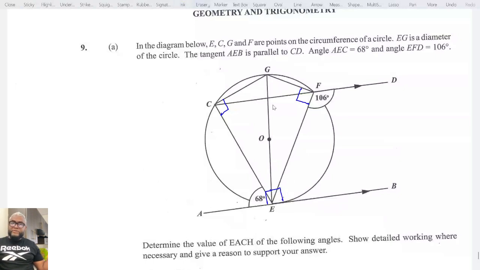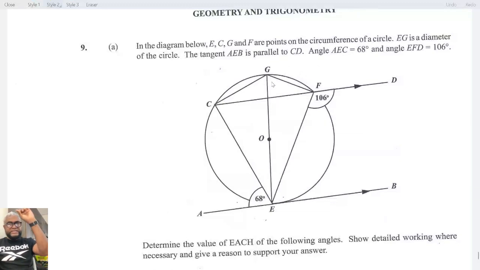So I'm going to erase all this and then we're going to see what CSEC stated. You must always read these things above here, guys, because sometimes there's little information here that you might miss. In the diagram below, E, C, G, and F are points on the circumference of the circle, indicating that ECGF is a cyclic quadrilateral. EG is the diameter.